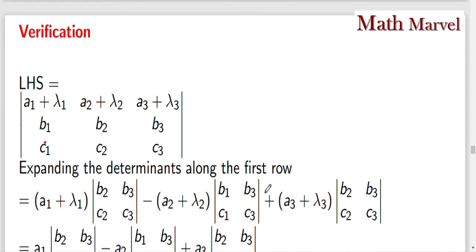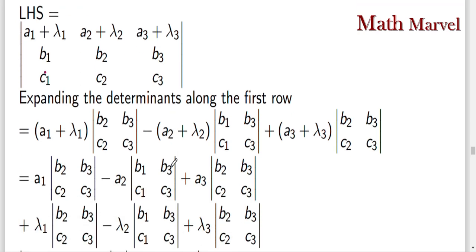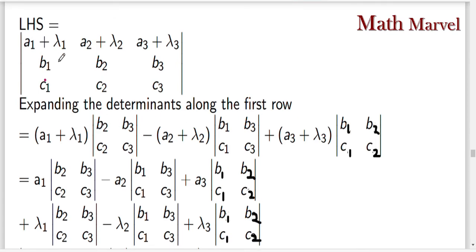Verification of the property. So first write left hand side. Left hand side is equal to the given determinant. Here first row is expressed as a sum of two terms. Okay, and for second and third rows, this type of representation is not possible. So here we have single elements b1, b2, b3, c1, c2, c3. Now we have to find the value of this determinant. So now expand the determinant along the first row. First element is a1 plus lambda 1.